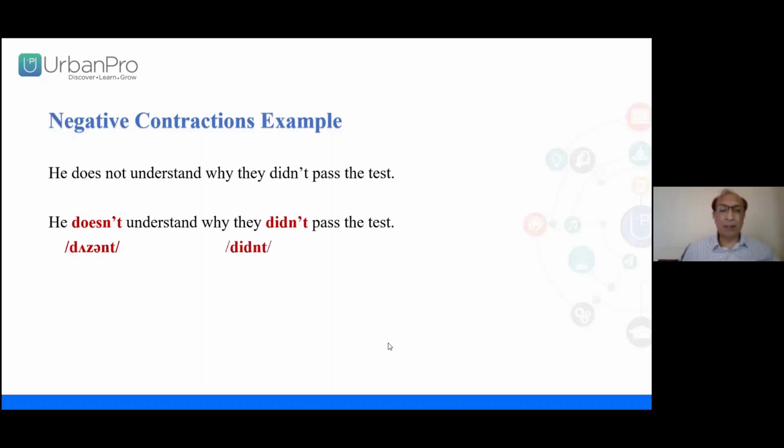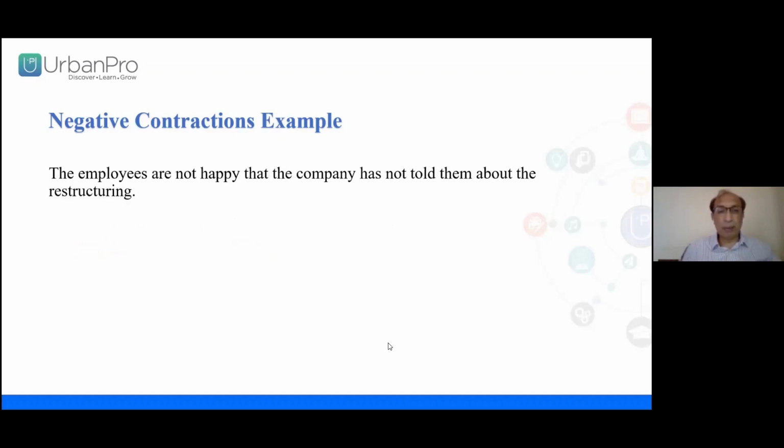Let's look at the pronunciation. He doesn't understand why they didn't pass the test. So does not becomes doesn't, and if it were did not, it would become didn't. All right, let's look at another example of a negative contraction. The employees are not happy that the company has not told them about the restructuring.